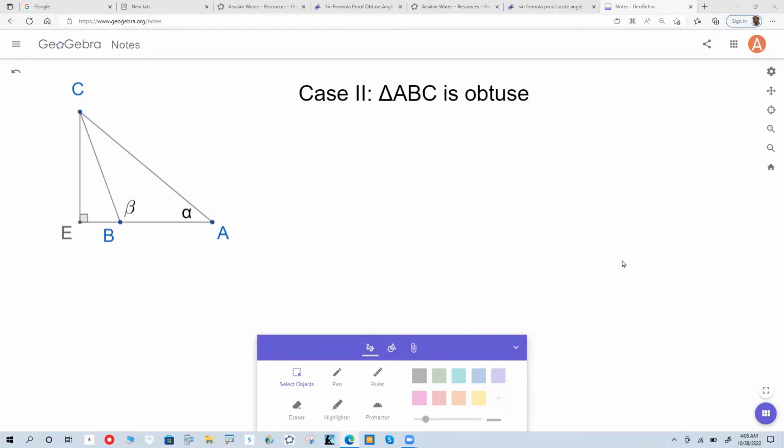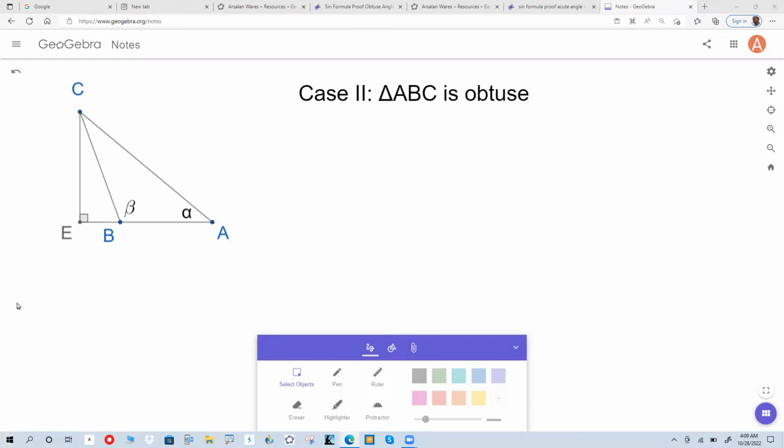So this is part 2 of our proof. In this case, we're going to call it case 2. The triangle ABC is obtuse. What's an obtuse triangle? In an obtuse triangle, there is exactly one angle that's larger than 90 degrees.